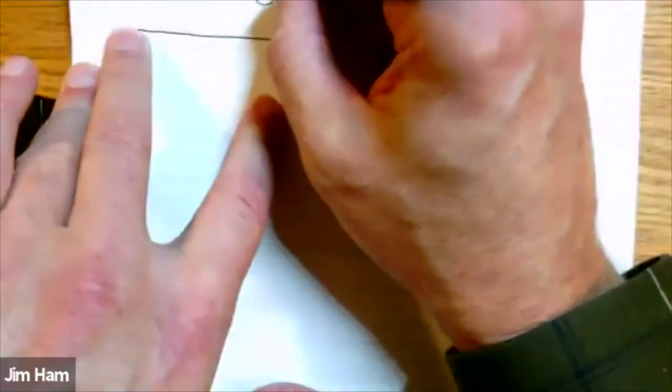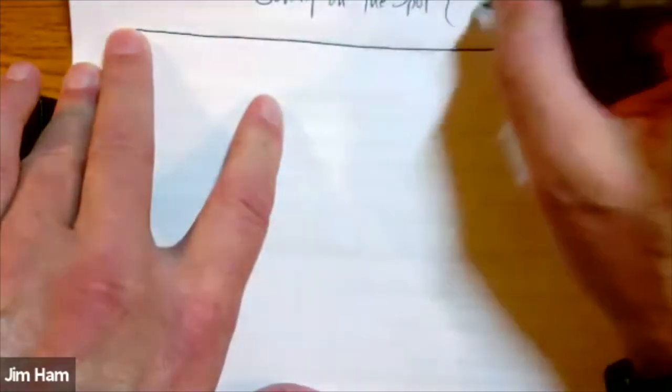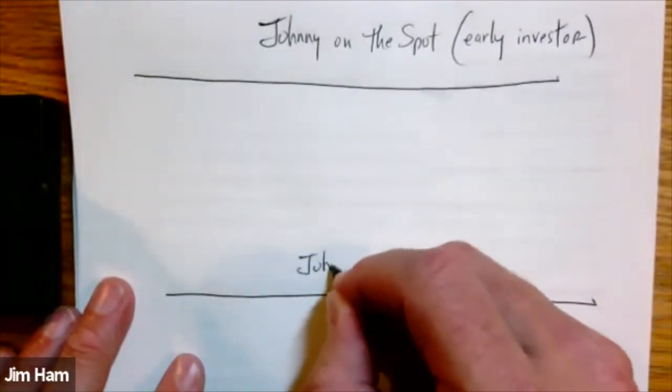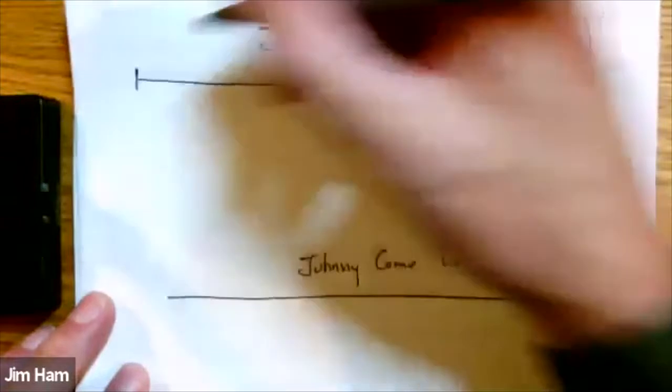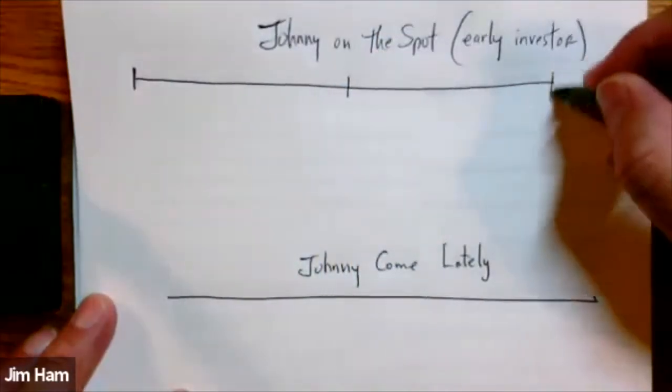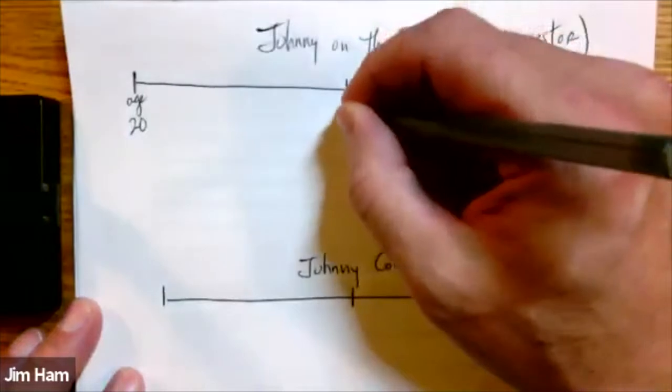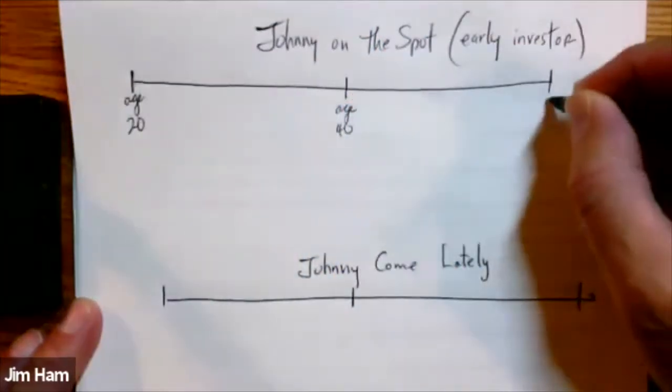All right, I'm going to draw a little diagram to help us with this. The first one is going to be Johnny on the spot, the early investor. Then I'll do another one down here for Johnny come lately, who waited. I don't know what their ages are, but I'll just assume: age 20, age 40, age 60.